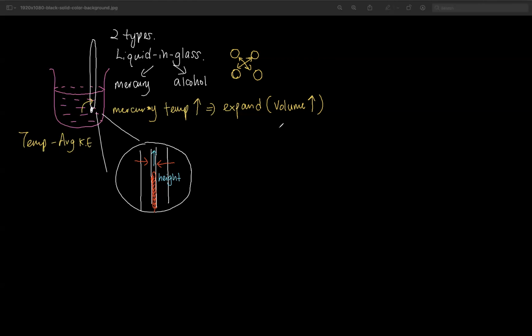Now, all matter will expand, regardless of solid, liquid, gas. All three states of matter, they will expand. So the principle of the thermometer is based on expansion actually.